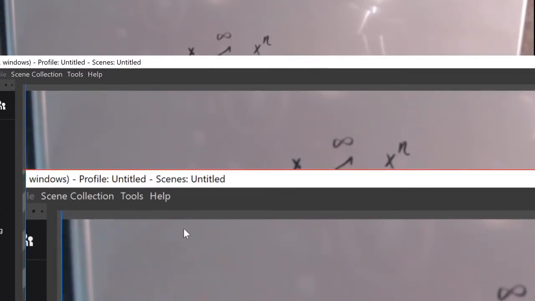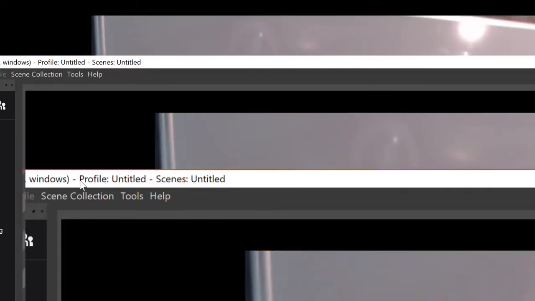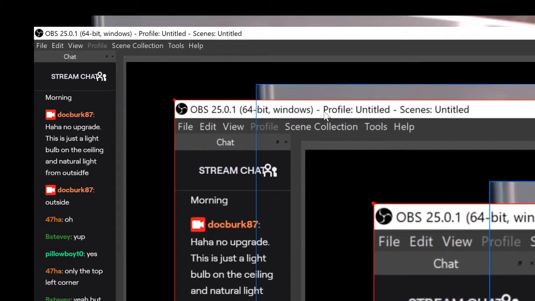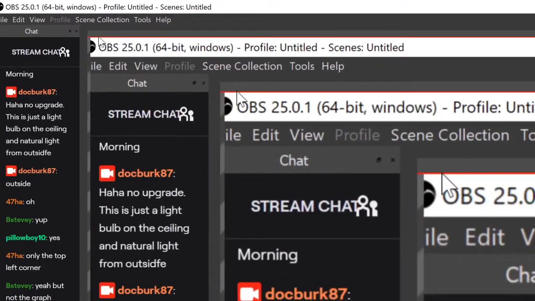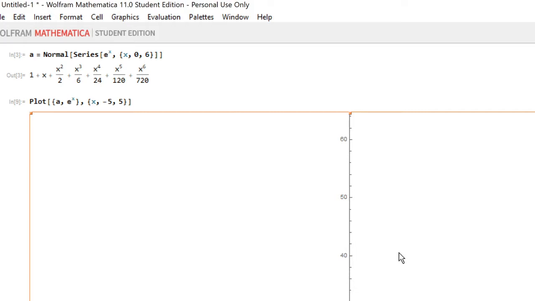Problem is, when I'm in here, it's showing everything, and I can't just see the thing that I'm trying to fix. Did that help at all?